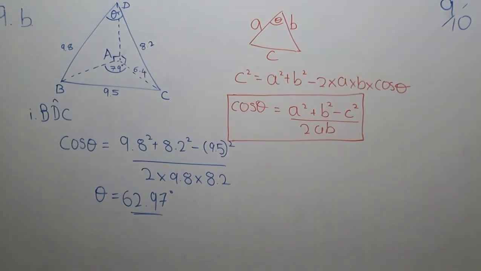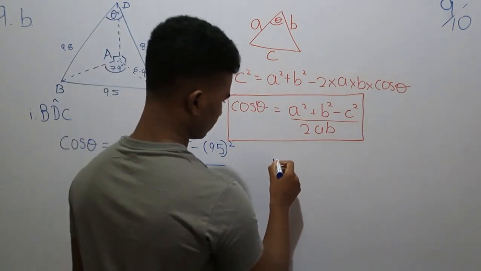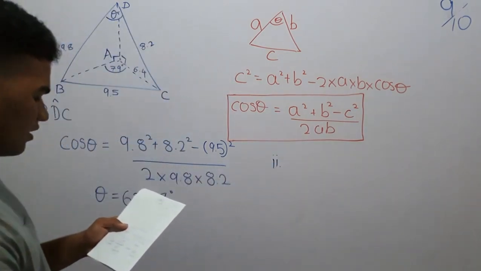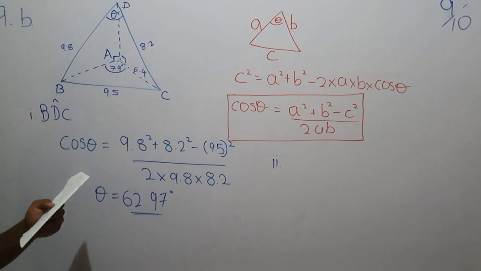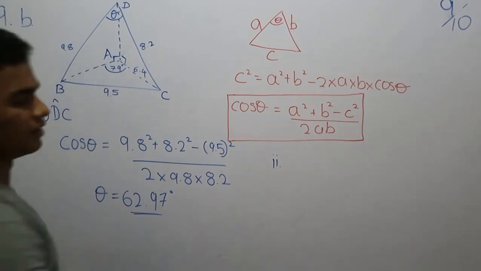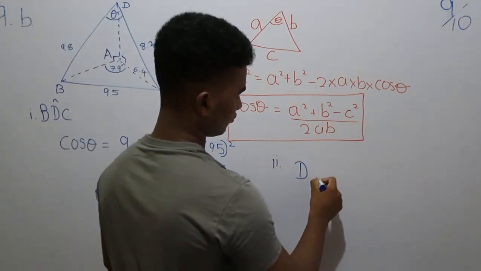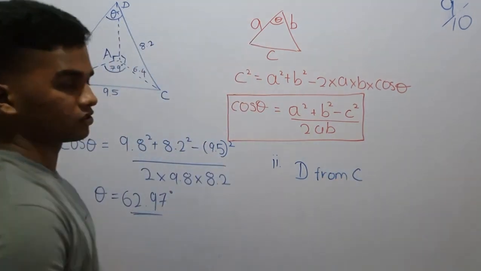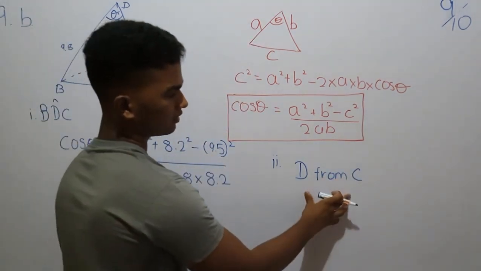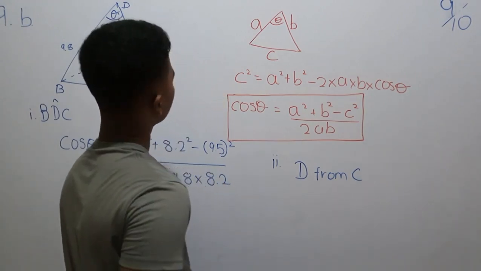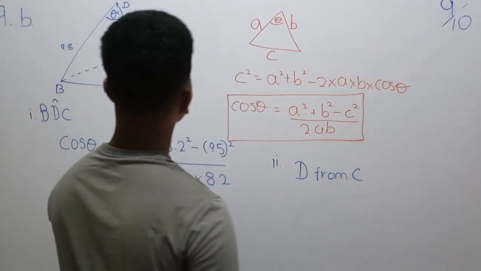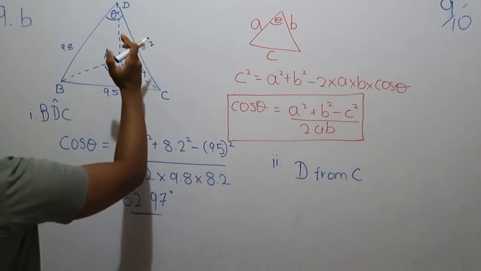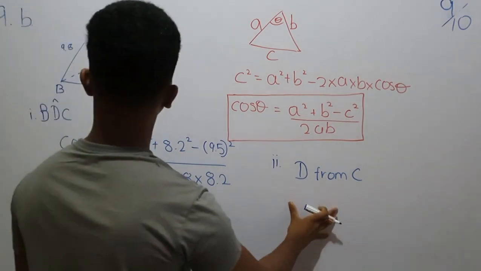So Roman numeral 2, they ask to calculate the angle of elevation of D from C. Make sure always when they give something like this to start from the last letter. So we should start from C. I'll draw the 2D shape here.